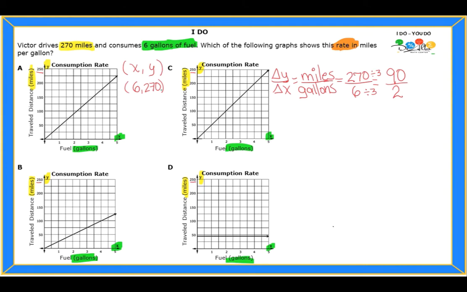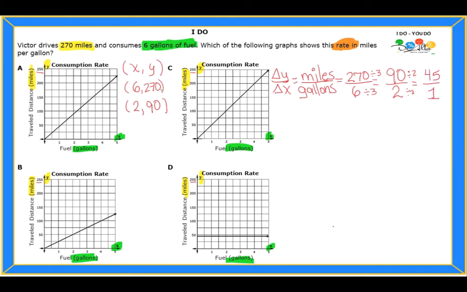So maybe I can find 90 and 2 more easily. And I'm going to write it down as an ordered pair over here. So 2 is x, so it goes first. 90 is y, so it goes on the y. Okay? Now, if I want to simplify that, I can divide this by 2. And with that, I will get 45 and 1.